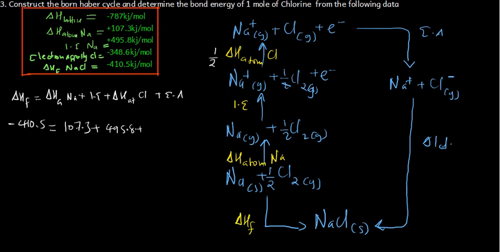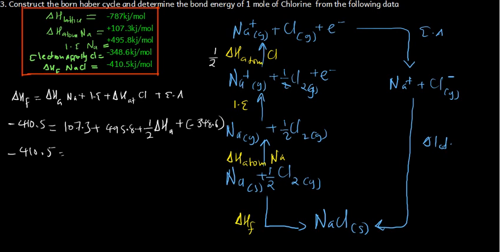So at this point we have got half enthalpy of atomization. We know that this is for chlorine, I can just write it like that, and then plus electron affinity. Electron affinity is there, it is negative 348.6. So I can go on and calculate, that is negative 410.5 being equal to 107.3, plus 495.8.